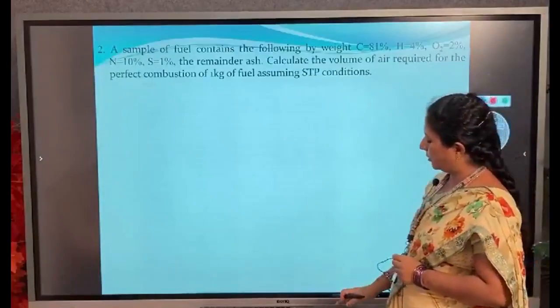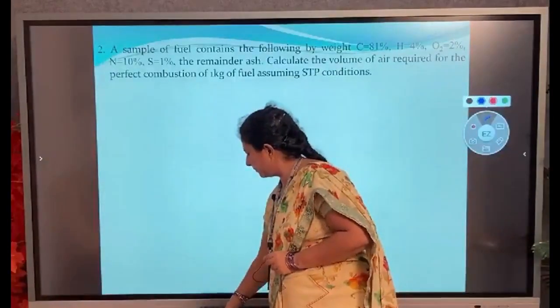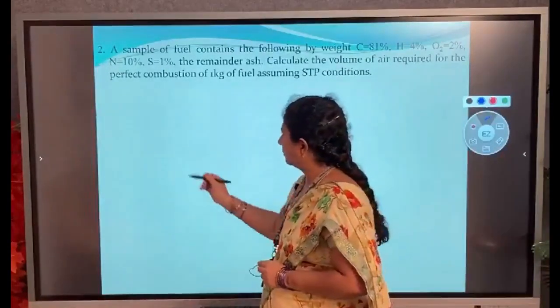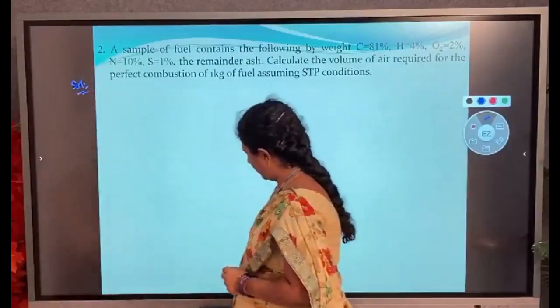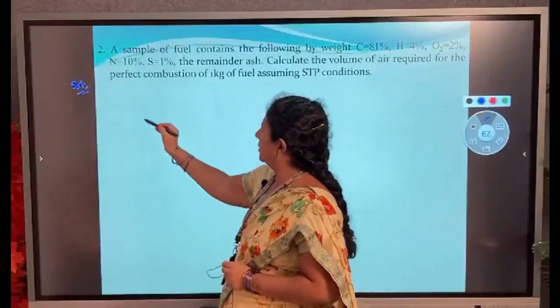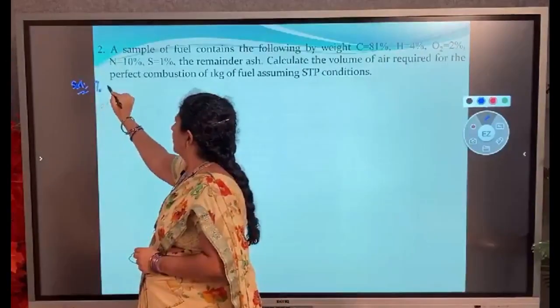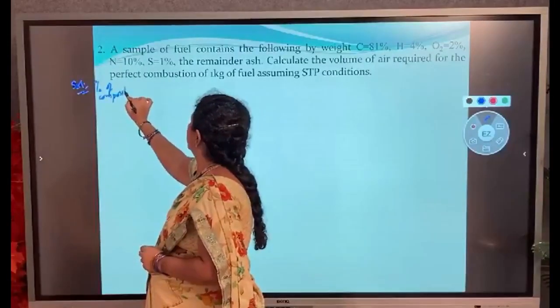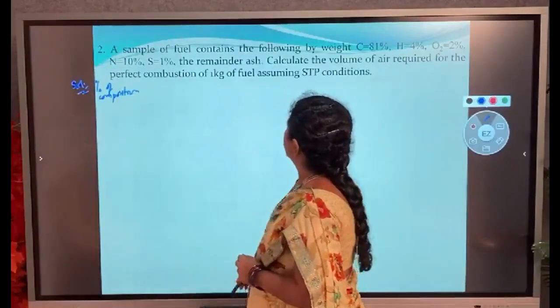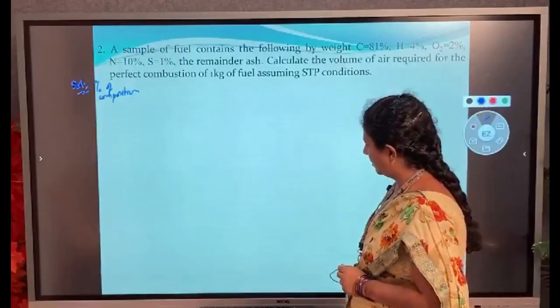So for this, first we will draw a tabular form like this. Starting, we will take the percentage of composition present in the fuel.